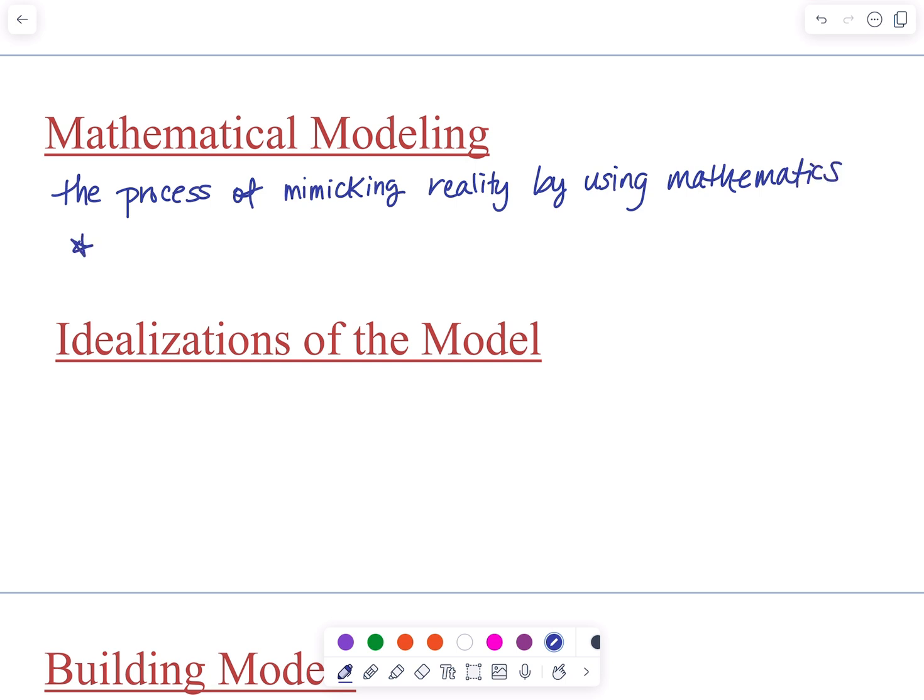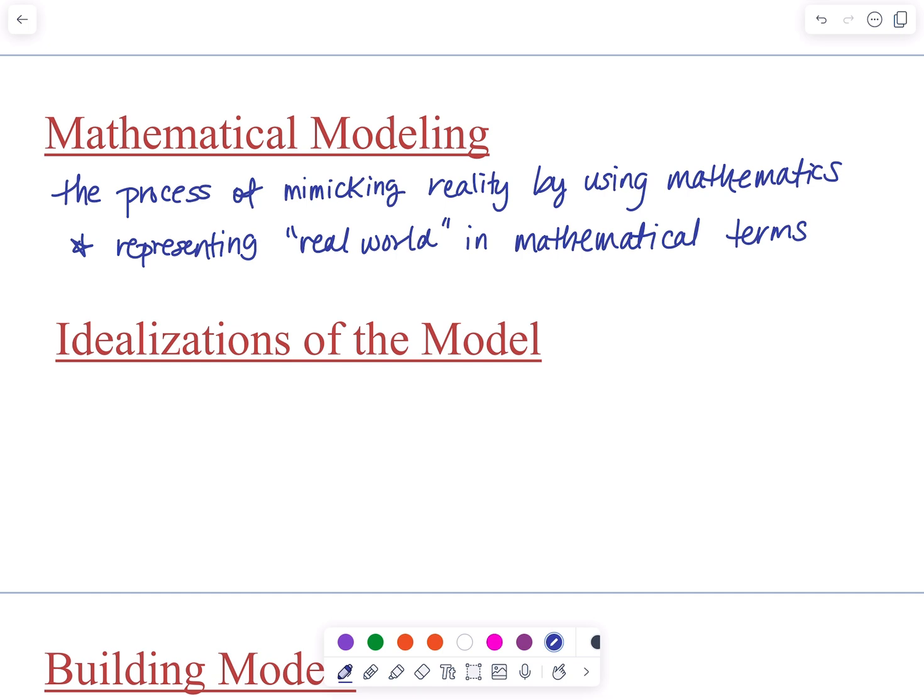So basically, we are representing the real world in mathematical terms.